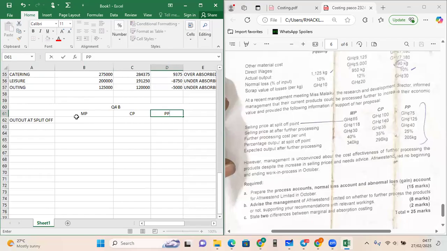The output at the split off point for this one is 40%, so equal to 0.4 times the actual output, which was 890.